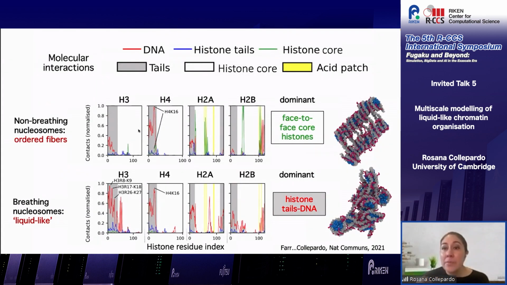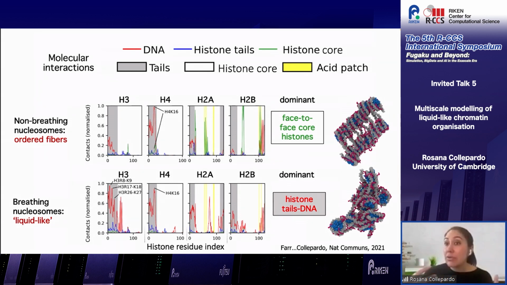In addition, with our model, we can also get detailed information about the interactions that stabilize the different structural behaviors of chromatin. I'm not going to go into detail, but I'm just going to mention that these kind of rigid fibers are stabilized by face-to-face interactions with the histone cores, whereas the liquid-like behavior of chromatin is heavily contributed by the disordered histone tails.